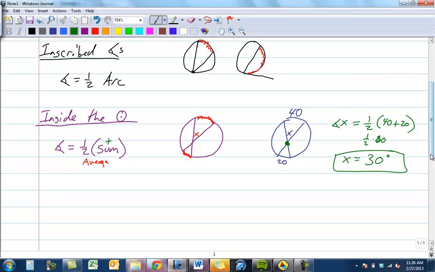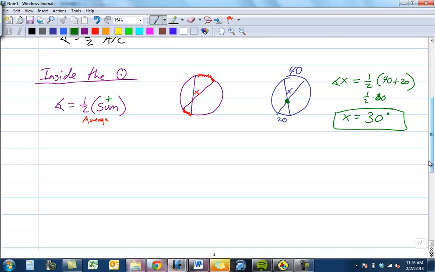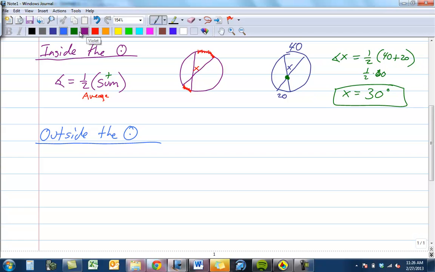So where else could the vertex be? The vertex could also be outside the circle. The vertex could be outside the circle.